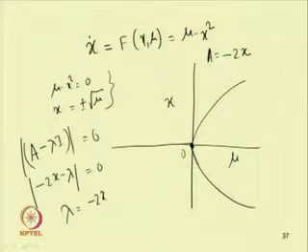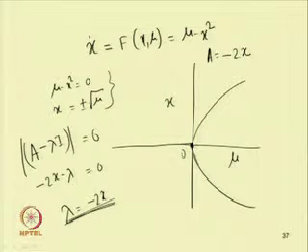Here, by finding the first derivative, we get A equal to minus 2x. So A minus lambda I equal to minus 2x minus lambda equal to 0, so lambda equal to minus 2x. The eigenvalue becomes minus 2x. So at mu equal to 0, x equal to 0, we will have a 0 eigenvalue.